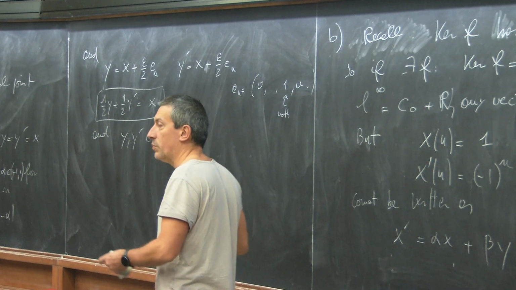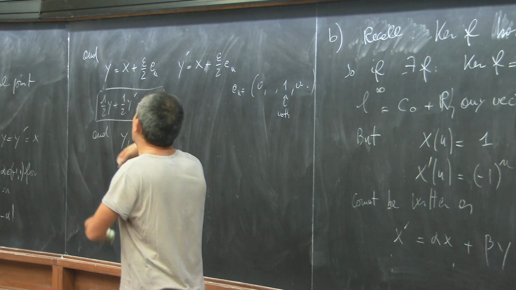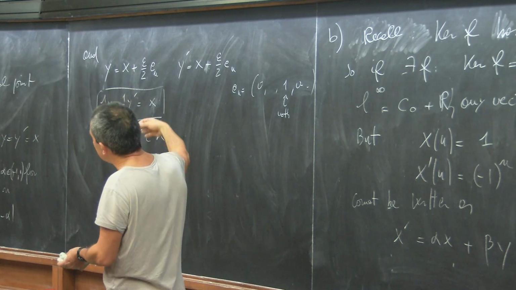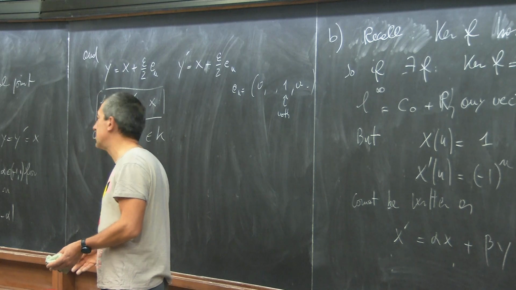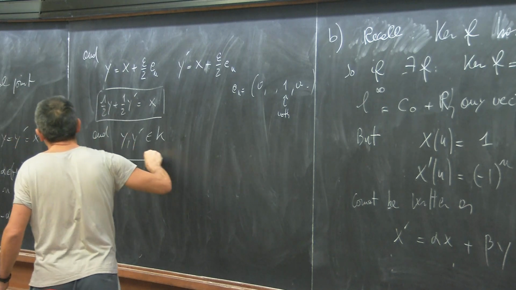Okay? Because I proved that if there exists an extremal point, it's a linear combination of two other points. So let's go back now to the theory, just one second.